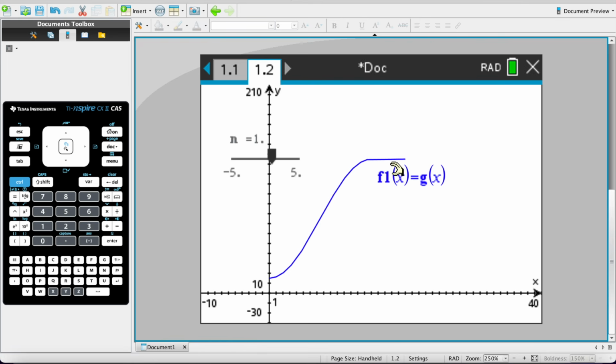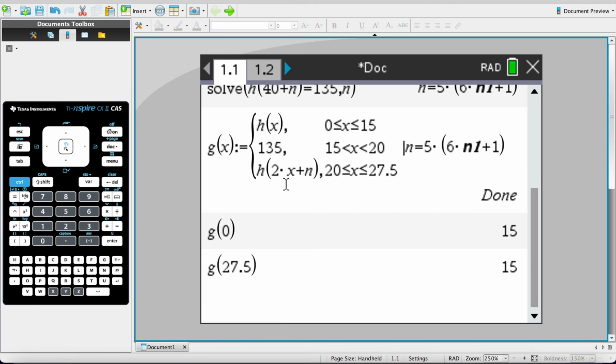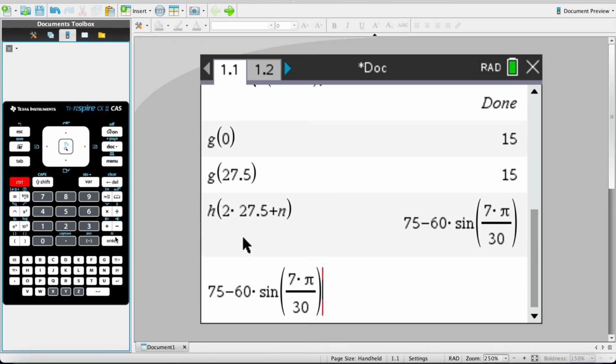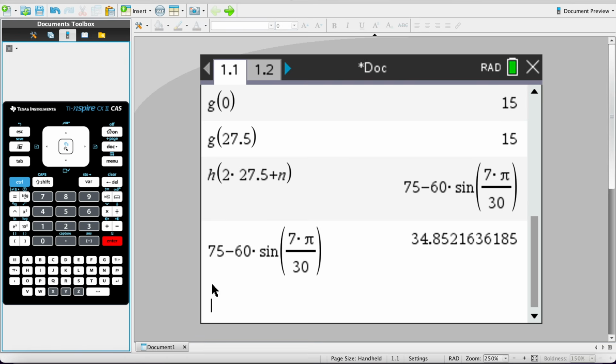That doesn't look right. What happened? So let's put in 27.5 here. Yeah, that's about right. And it's 34. No, that's still not right. Maybe if we change the slider.